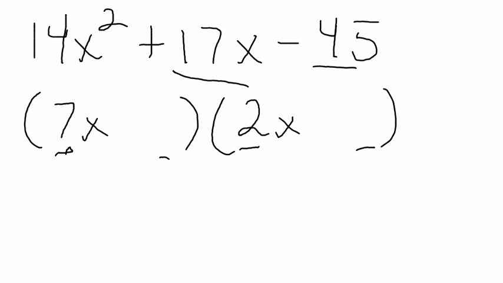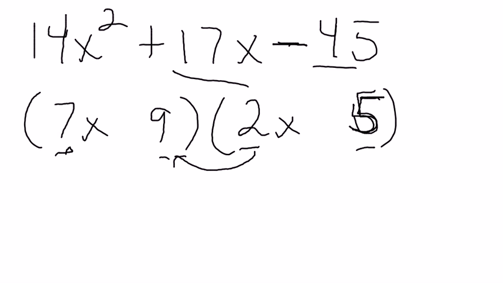And of course, one's going to be negative, one's going to be positive because I have a minus 45 that I'm going to get when I multiply. So I'm going to put a 5 here and a 9 there. Now, 7 times 5, that's going to give me 35. And the 2x is going to multiply by that 9.